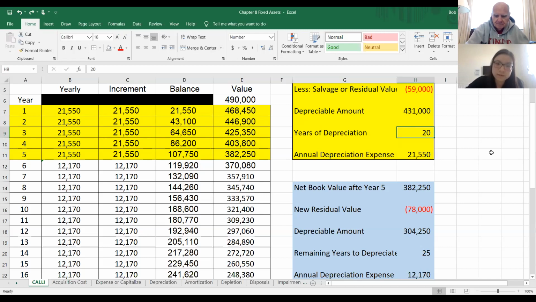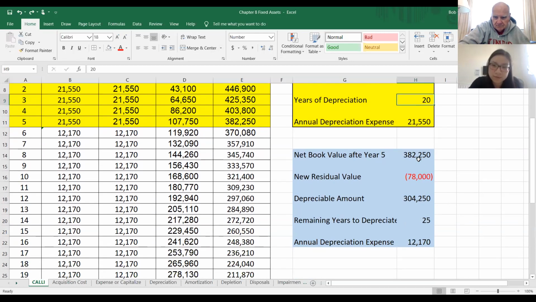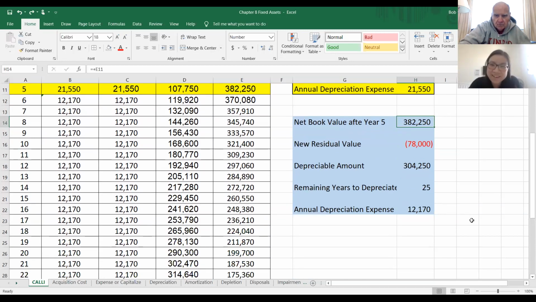Oh yes, I got it. I cleared the net book value after 5 years. So is that the right number? Yes, this number. Is that where you were stuck? Yeah, I confused it. It is confusing when you first see it. So then, what's the next question they're asking?